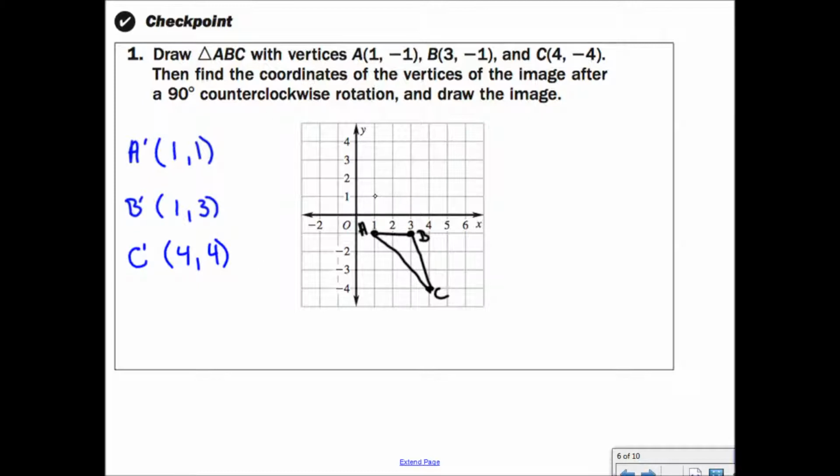Graph the 3 points. So 1, 1, 1, 3, and 4, 4. Connect our dots. And this is A prime, B prime, and C prime.